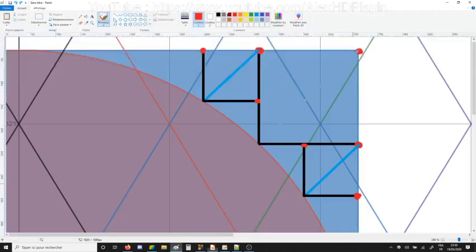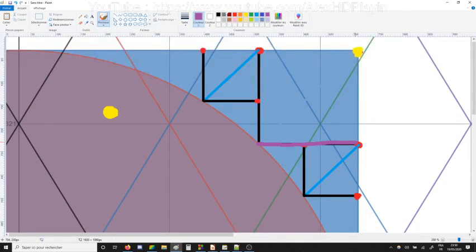So what do I mean by that? So let's start from this thing, okay? And I'm gonna label it with the length of the square which is generated when you do that.